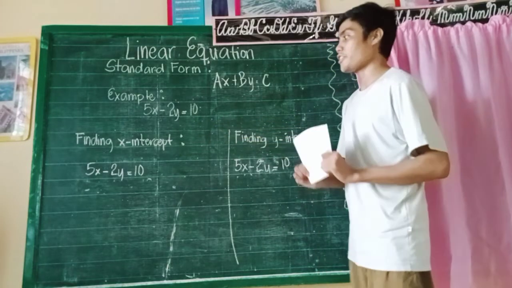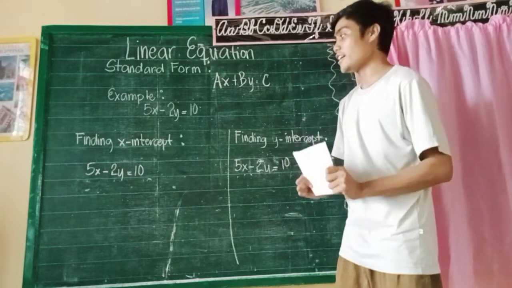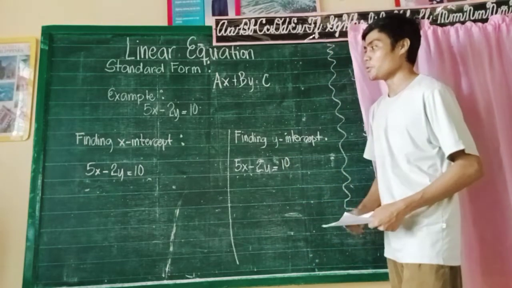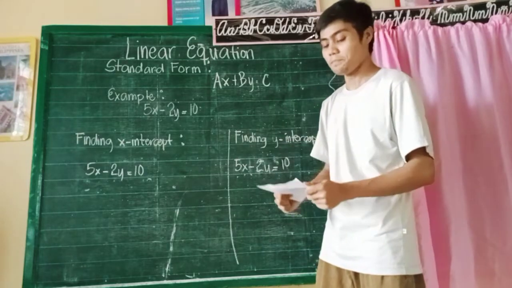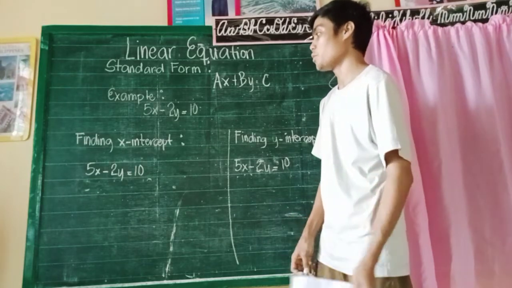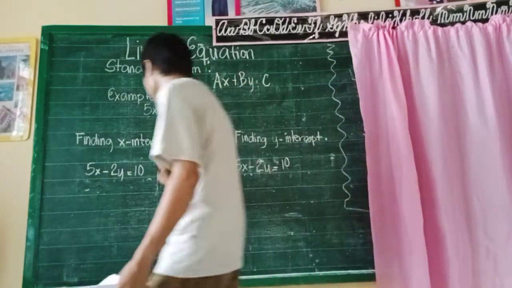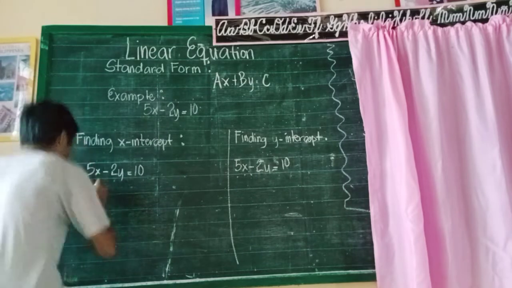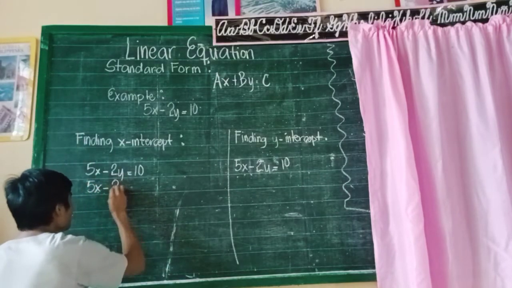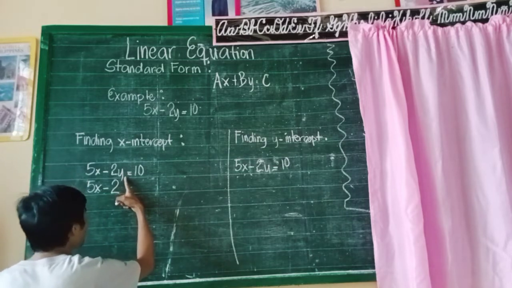So the first thing to do is to find the x-intercept. In finding the x-intercept, we would set y to 0. So we have 5x minus 2, then change the y to 0.